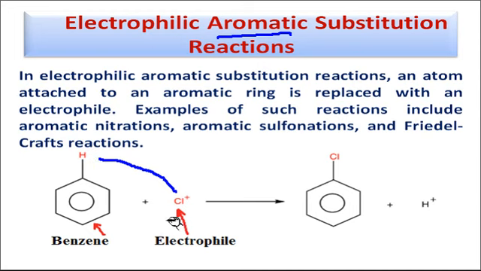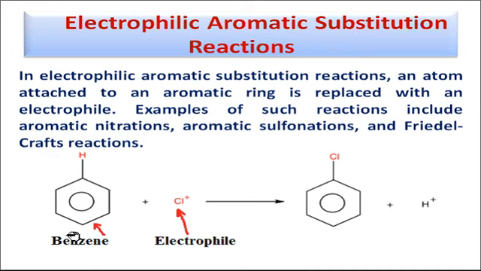For example, sulfonation of benzene or aromatic compounds, nitration of aromatic compounds, and the well-known Friedel-Crafts reaction, that is the alkylation of the benzene ring or aromatic compound, are the best examples of electrophilic aromatic substitution reactions.